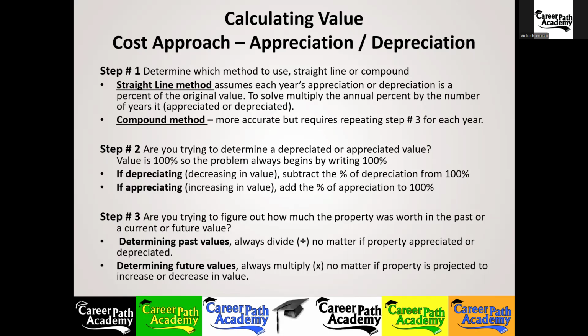If it's a current or future value, you're going to multiply. I'll show you how we do this in the coming slides. But this is the basics of it: determine if it's straight line or compound, if you're adding or subtracting from 100%, and if you're figuring out a past value or a current value. Divide for a past value, multiply for a current or future value.